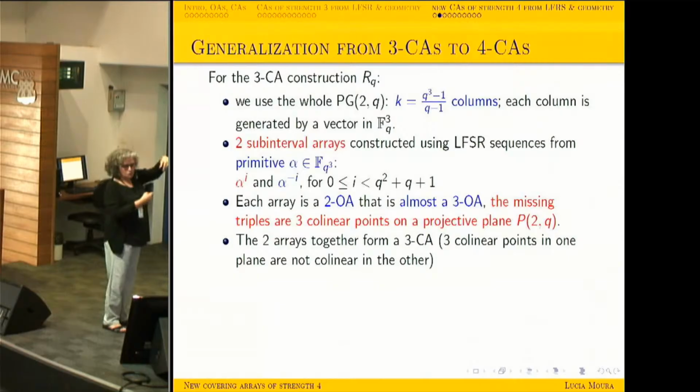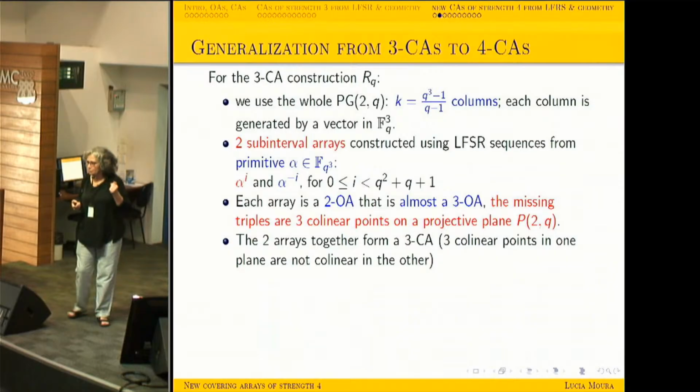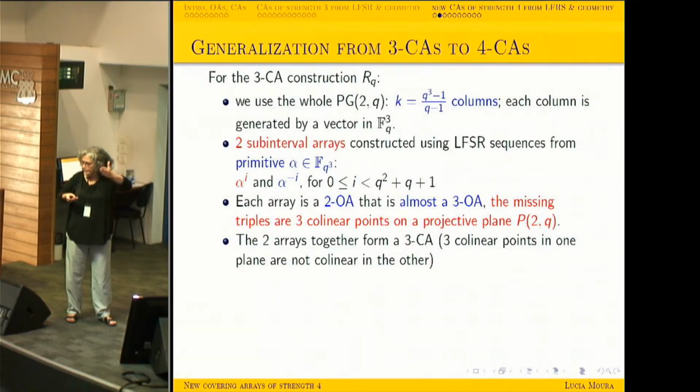Then I build two interval arrays from two primitive elements, alpha and alpha to the minus 1. They're polynomials, right? Alpha to the i is what's in column i, etc.